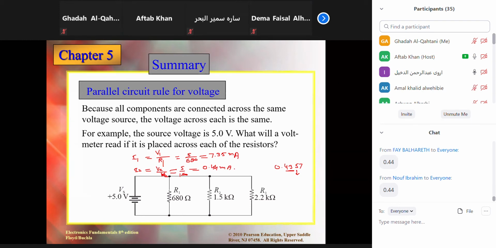What about I3? The same, 5 over 2.2, which is 2.27 after applying the rounding rule. Apply the proper rounding rule.